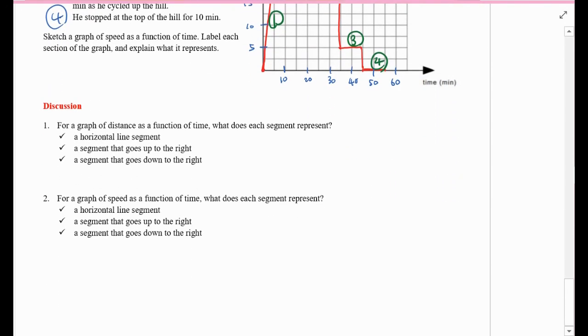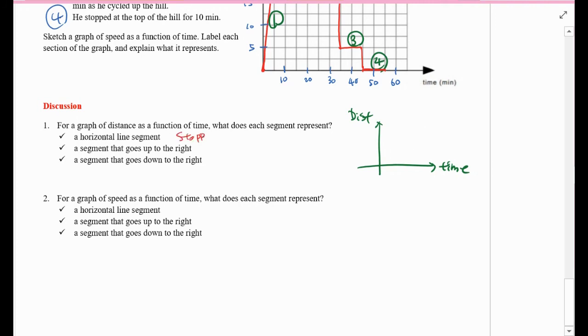So does everyone understand how to do this? Okay, discussion. For a graph of distance as a function of time, what does each segment represent? So if the graph is distance over time, let's think about the situation. Okay, if it is a horizontal line, that means your distance does not change. That means you're stopping, right?